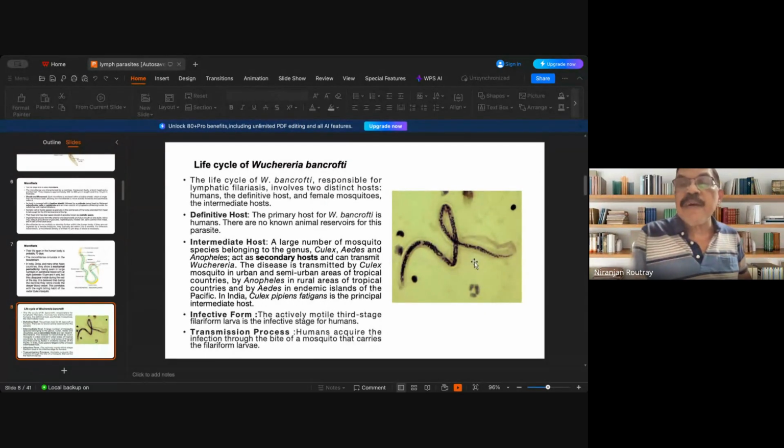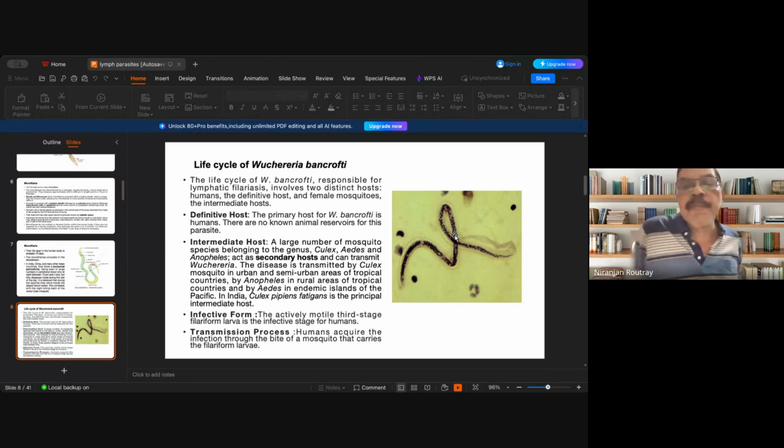So this is a stained form of the microfilaria. You can see here the sheath, which is loosely present, and the actual animal body. They are present within this loose covering of the sheath, where movement of this larva anterior and posterior is possible.